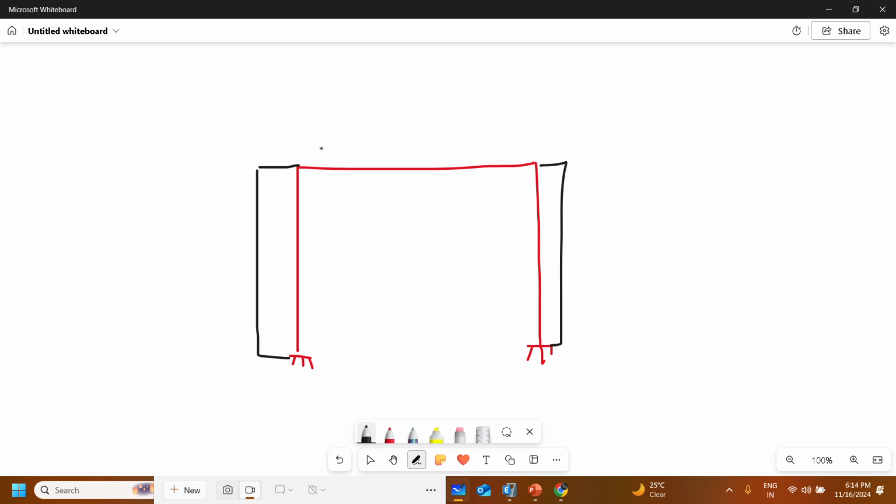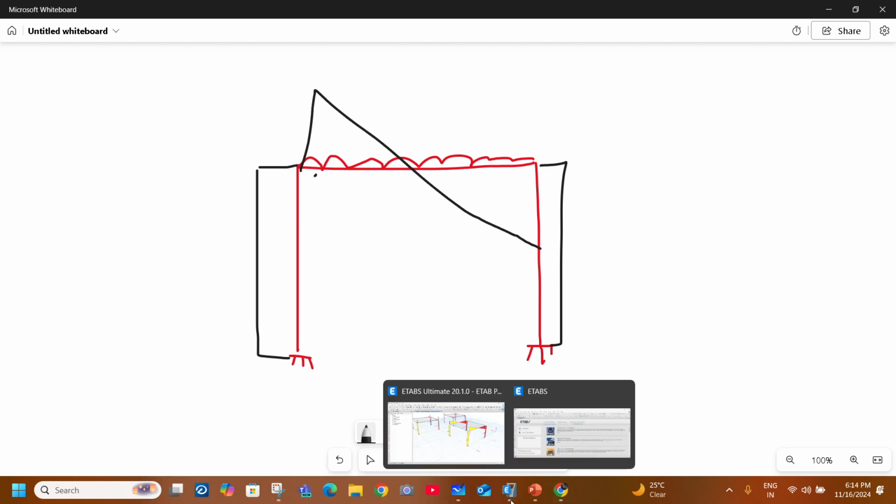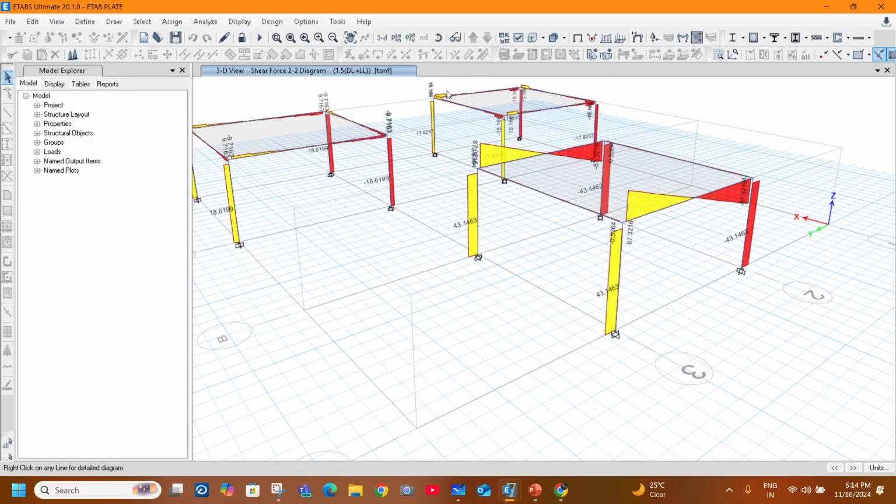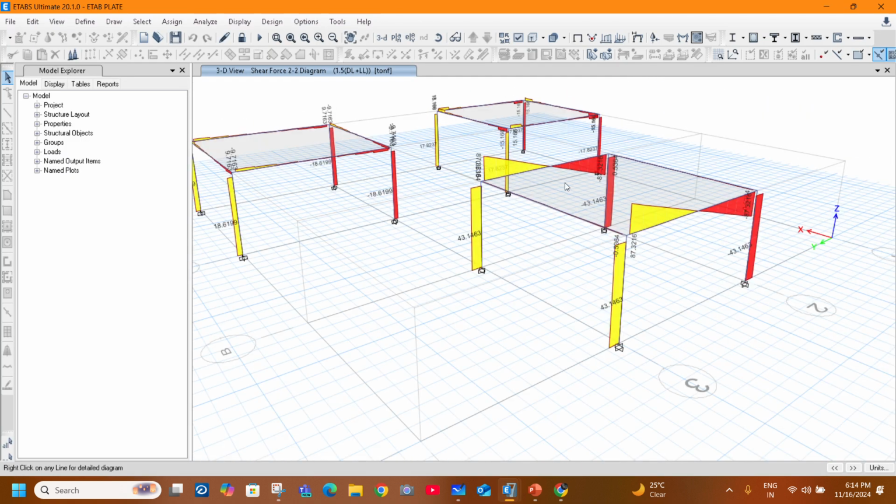Okay, due to the UDL part, the bending moment is very much like this only. So now go to the structure. Everything is transferred to it, so the shear force is like that.